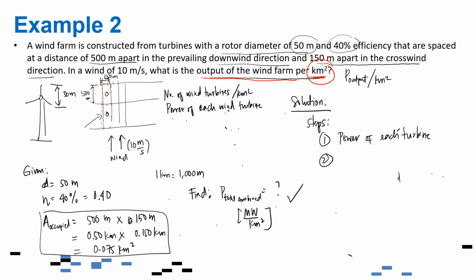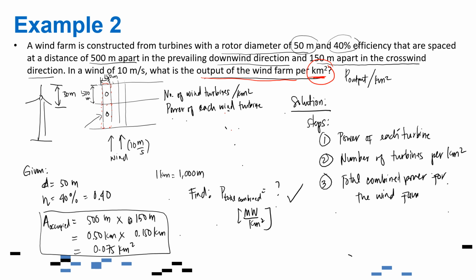Once we have the power of each turbine, calculate the number of turbines per square kilometer. How many turbines are there in 1 square kilometer? And the third one is to calculate the total combined power for the wind farm.